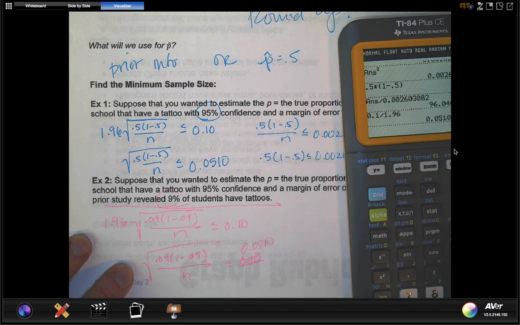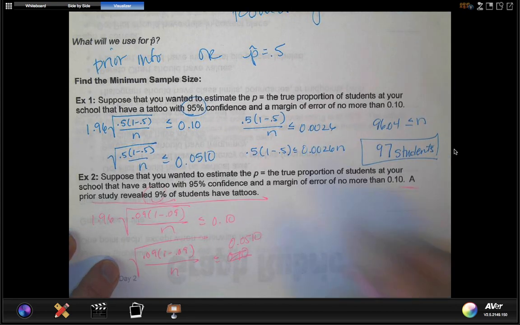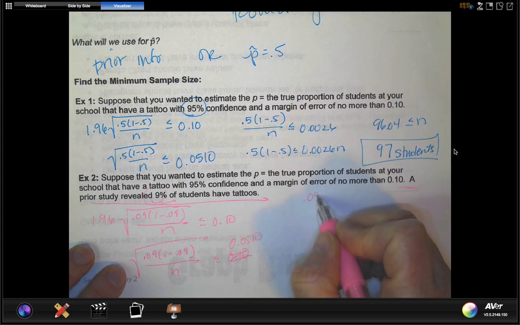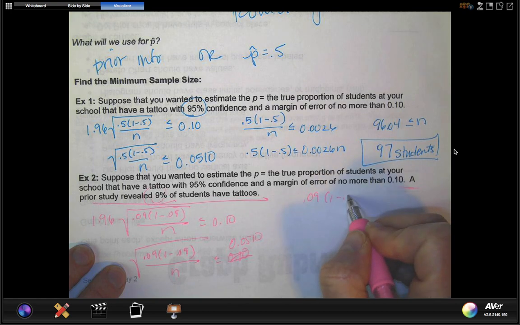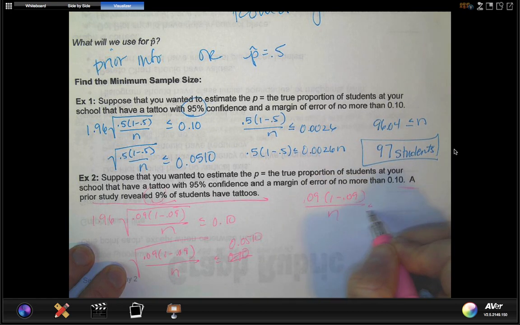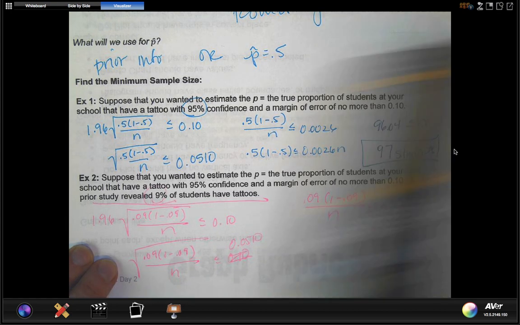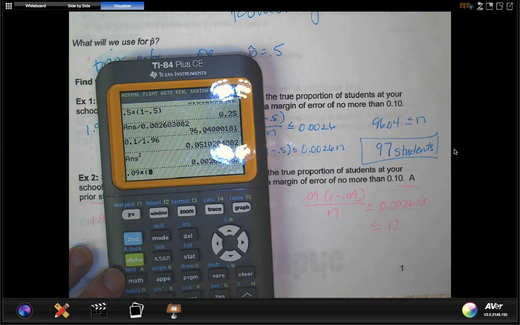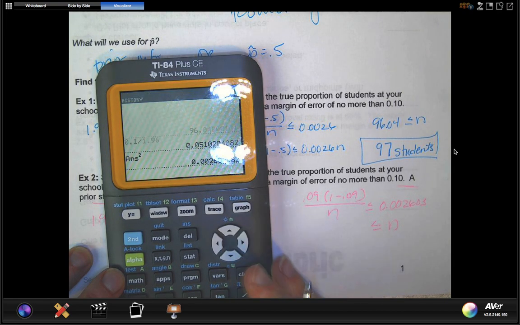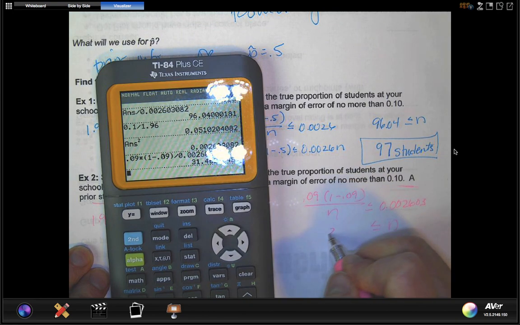I'm going to square it. Again, very much the same as before. Okay, cross multiply, and then we're going to end up dividing. So I got my 0.09 times 1 minus 0.09 divided by that answer right there. 31.46. Again, I'm going to round that up. I'm going to say I need 32 students here.